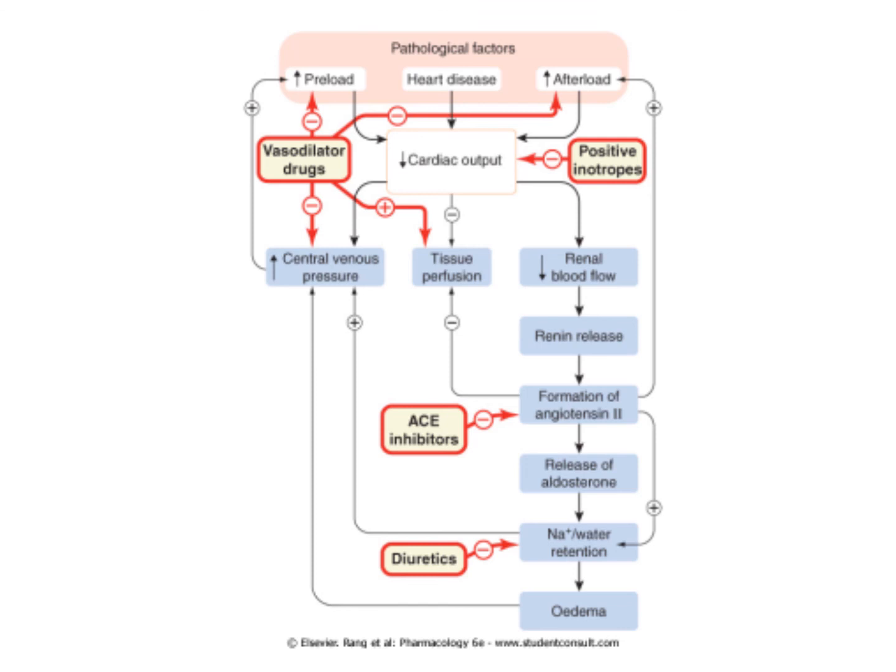The vasodilator drugs decrease preload and decrease central venous pressure. Positive inotropics act directly on the cardiomyocytes and increase force of contraction. The ACE inhibitors inhibit the formation of angiotensin II, while diuretics decrease sodium and water retention.